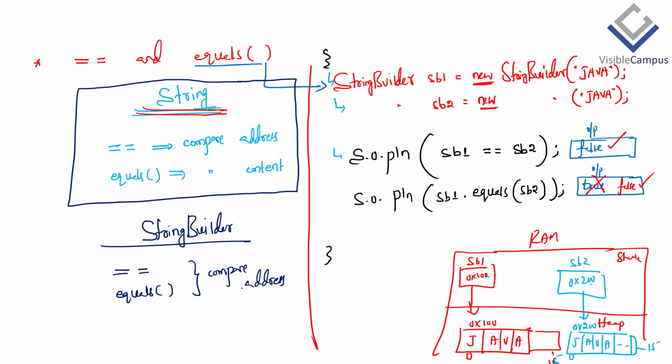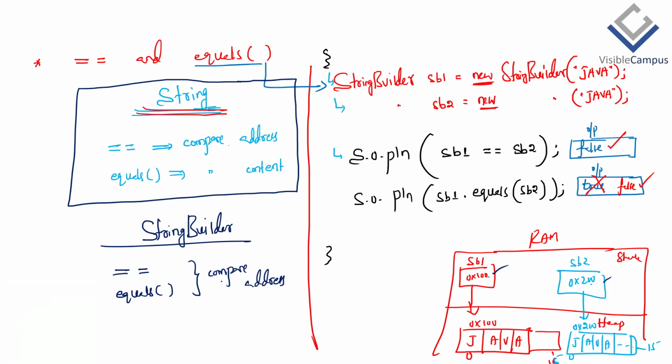It is not possible to compare the content directly. So even though the equals method is meant for comparison of address, and the address is different, why would we get true? We'll get false only. So this is one more difference between String and StringBuilder. Append method, concat method, mutability, immutability, comparison, differences.